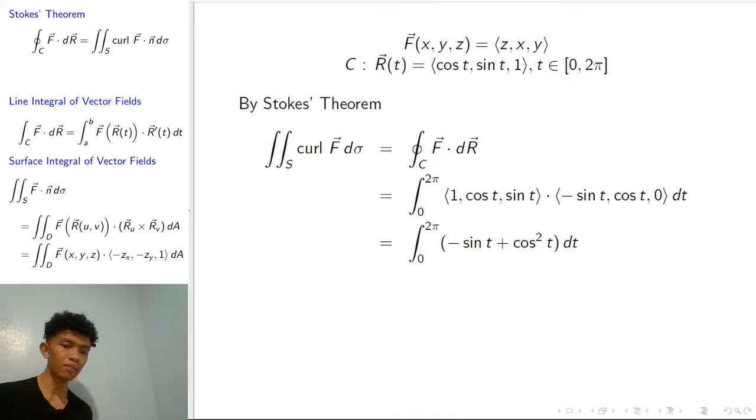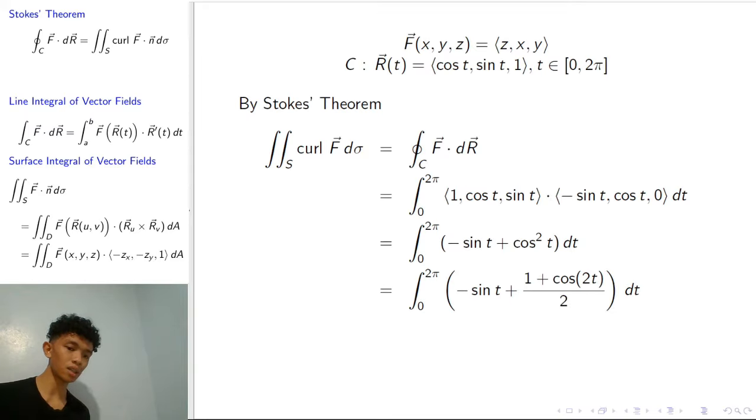For the antiderivative, it is perhaps best to first write cosine squared t. Using the Math 22 technique, this is just 1 plus cosine of 2t over 2. So integrate now with respect to t. The antiderivative of negative sine t is of course positive cosine t. The antiderivative of 1/2 with respect to t is 1/2 t. The antiderivative of cosine 2t over 2 is sine 2t over 4.